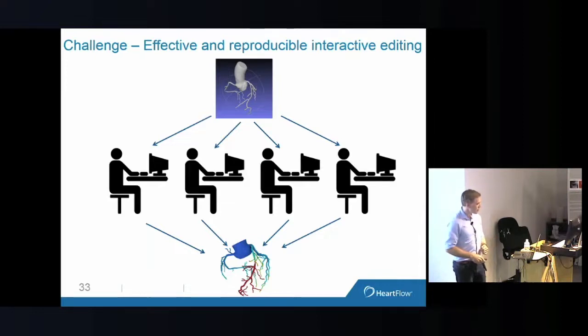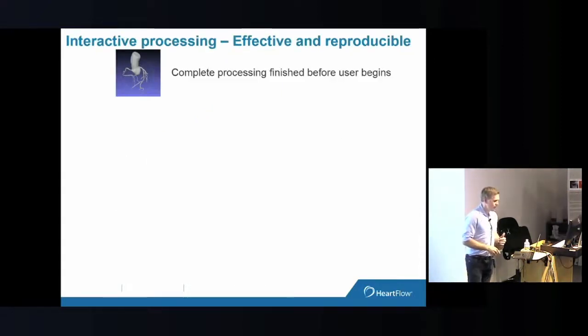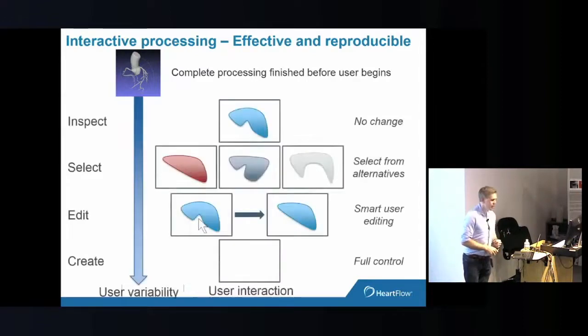and does the corrections. So to address that, we've adopted this design philosophy where we initially have the technician inspect the region of the vessel and say yes or no. If they say no, then we try to provide them discrete alternatives so that they can say, well, maybe it's this segmentation, maybe it's this one, maybe it's this one, and they can choose A, B, or C. If we're not able to provide those alternatives correctly, then to provide a series of smart editing tools that are robust to exactly where the user clicks.